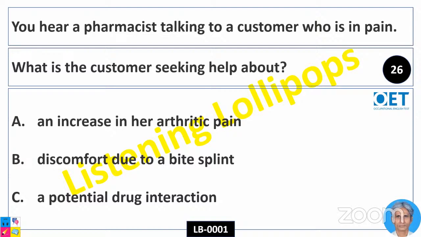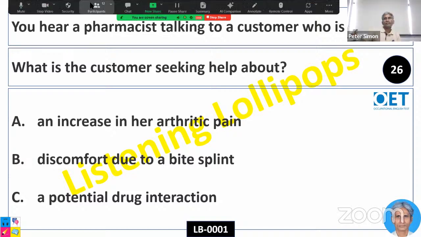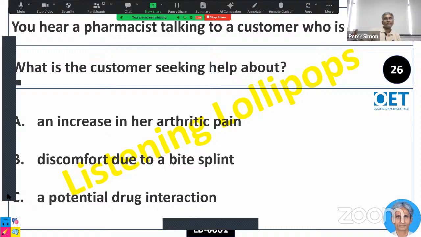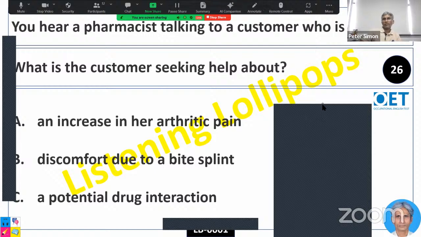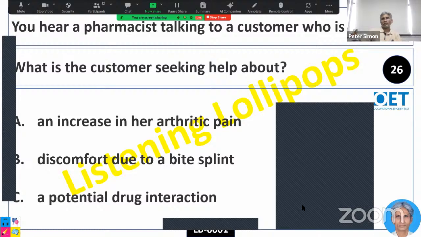Study that point. Now we are going to discuss the 26th question.